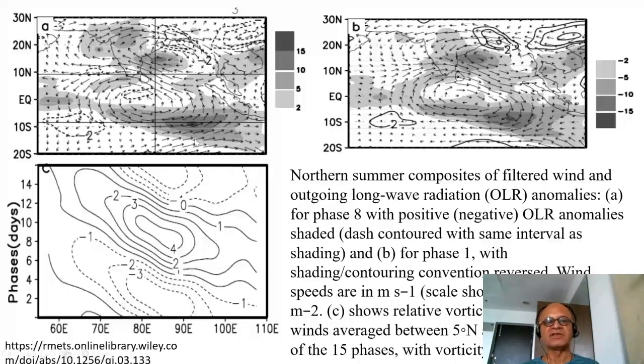That gives them the structure and the time scale in the right range of 10 to 20 days. And then they argue that this shifting is done by the background mean winds.